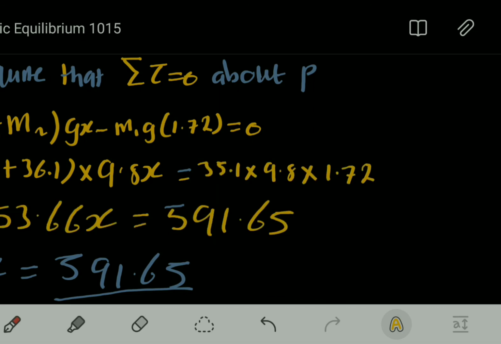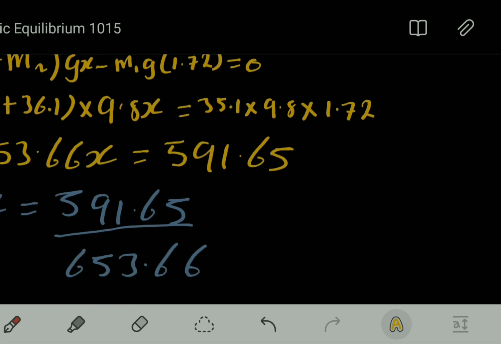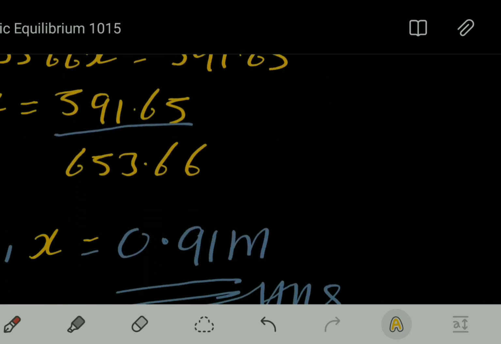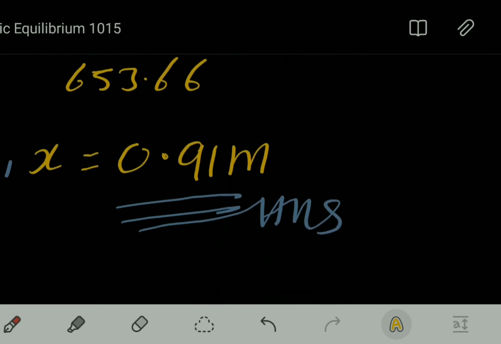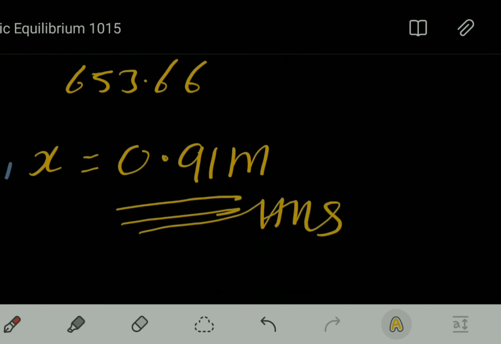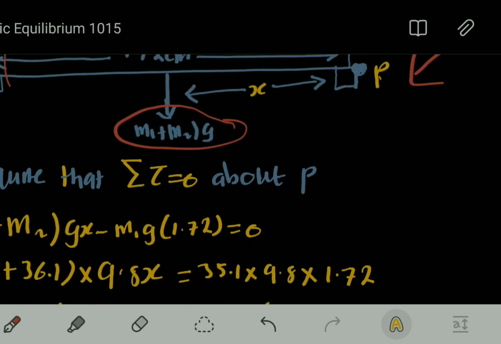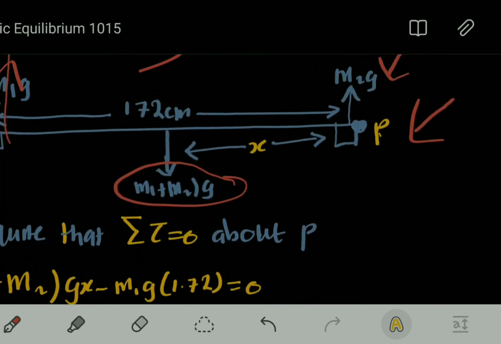We work this out, just mathematical now, and we should be able to obtain the value of x as 0.91 meters. So that is where the center of gravity for this person is, measured from her feet.